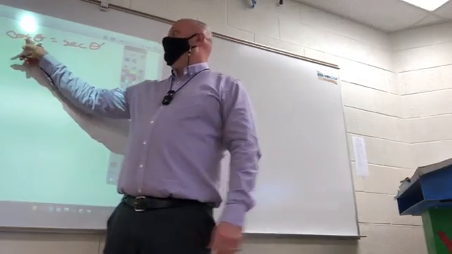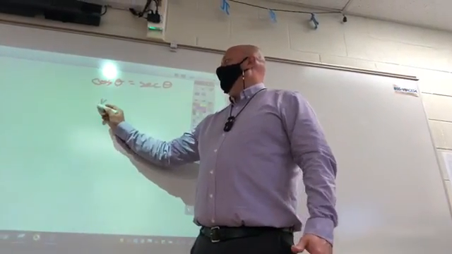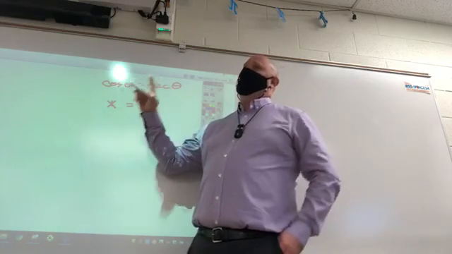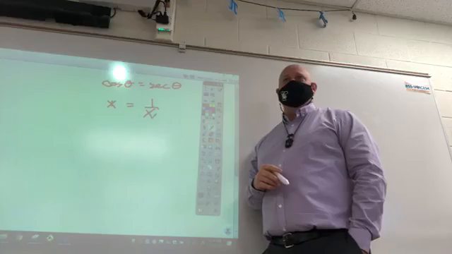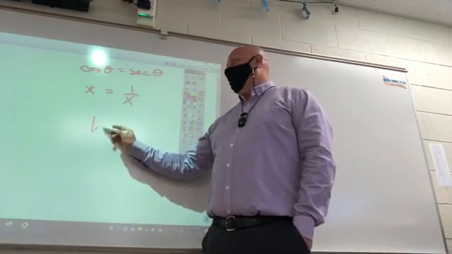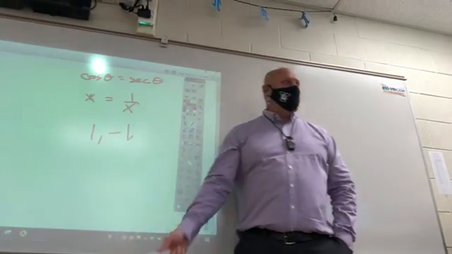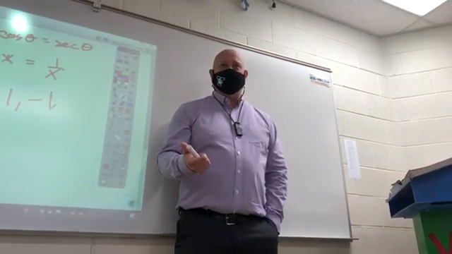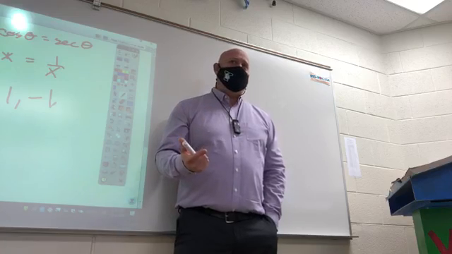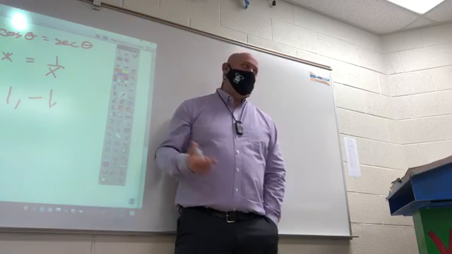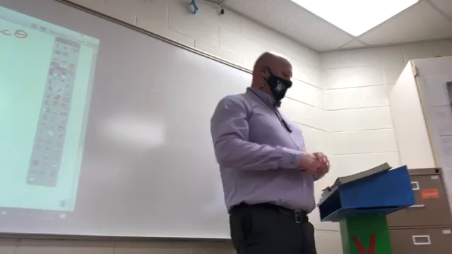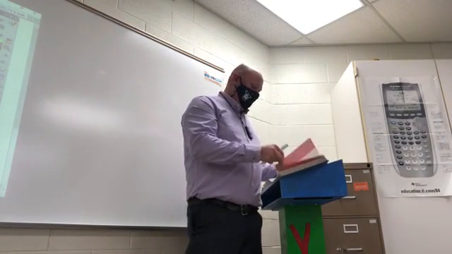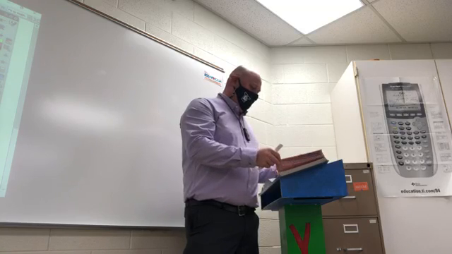Or if you say what is x, and this is the reciprocal, what are the only two numbers that are their own reciprocal? 1 and negative 1. Cosine is equal to 1 at a 0 degree angle. Cosine is equal to negative 1 at 180. So what quadrants are those in? They're not in quadrants. So I also accepted none. Easy enough. So XYR stuff, that will be on there.